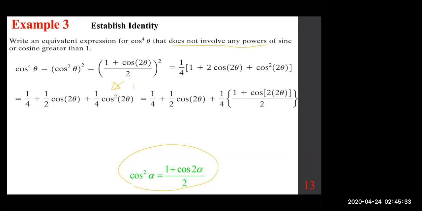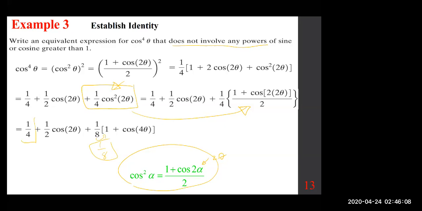This piece changes to 1/4 times cosine squared of 2 theta. Basically you change the alpha here to 2 theta, which gives you 4 theta. Now we multiply by 1/4 and get 1/8. 1/8 times 1 is 1/8. 1/8 and 1/4, we can add them up: 3/8. The rest we just write.